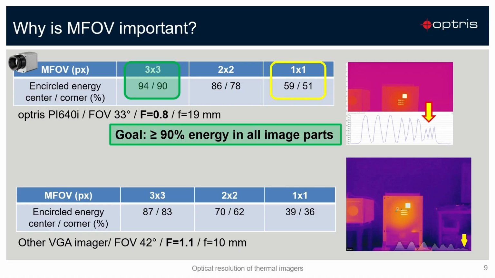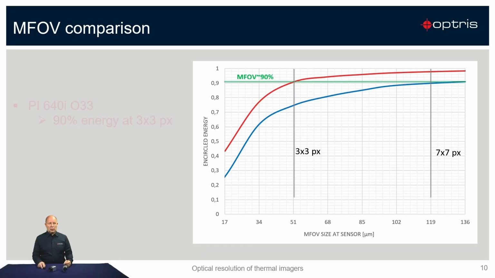The aperture of the optics is more closed and we get less energy. And we see here at 1 pixel we get only 39%. But even at 3 times 3 pixel, our criteria is not fulfilled to have 90% energy. So we have here only 87%, or in the image corners, even less, only 83% of energy.